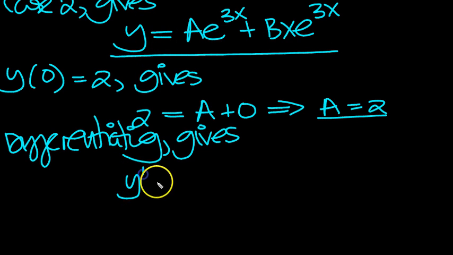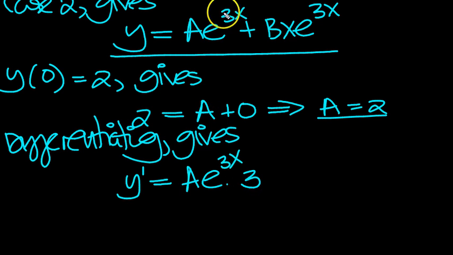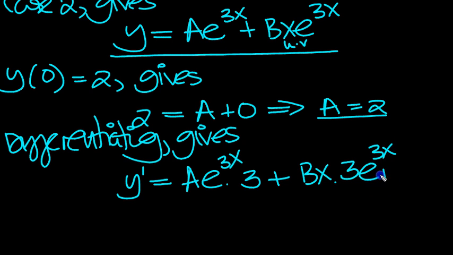This is a function of a function, so e to the something differentiates to e to the something multiplied by the something differentiated, which is 3, plus the product rule, u times dv/dx. Which is a function of a function again, same thing, 3e to the 3x, plus v e to the 3x times du, and this differentiates to just b.